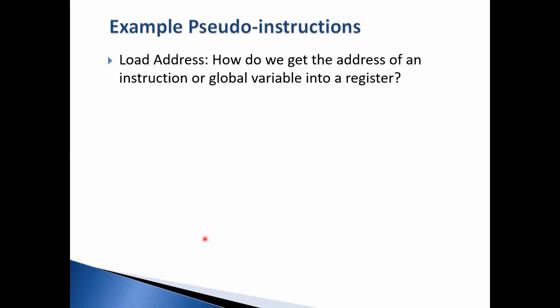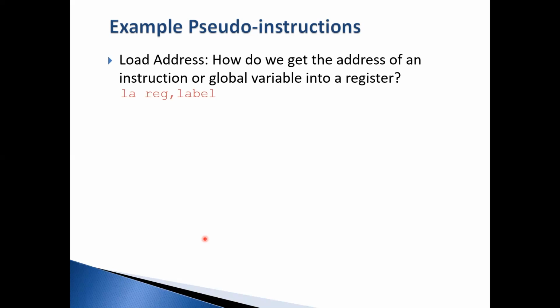All right, let's take a look at the next example. Load address, because a lot of times we will declare variables in MIPS. For example, in your data portion, you can create a variable n equal to a number. But in the instruction, you have to load that value. One way to do it is to load the address that stores that variable.